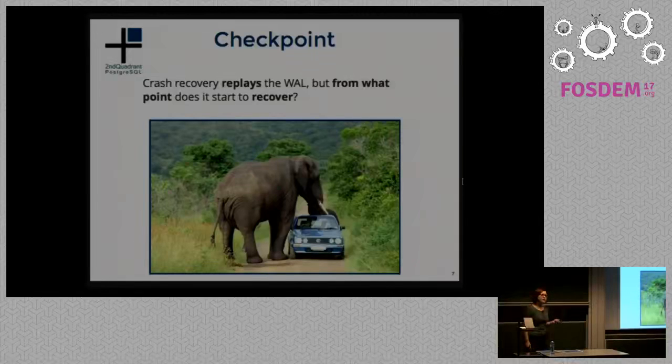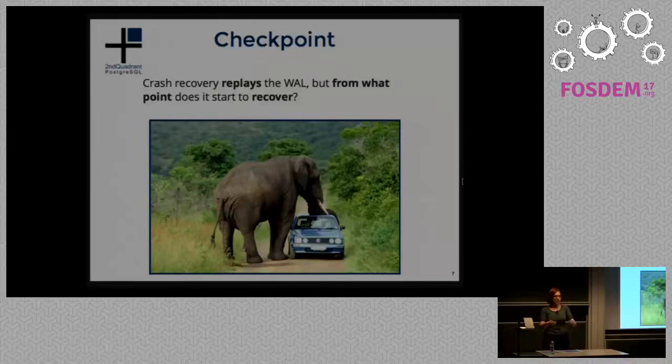So what is a checkpoint? We said that when there's a crash, we recover by replaying the WALs, the logs that we wrote before. So how do we understand at which point we should replay these logs? There should be a safe point where we know that before that point, everything is written to disk.